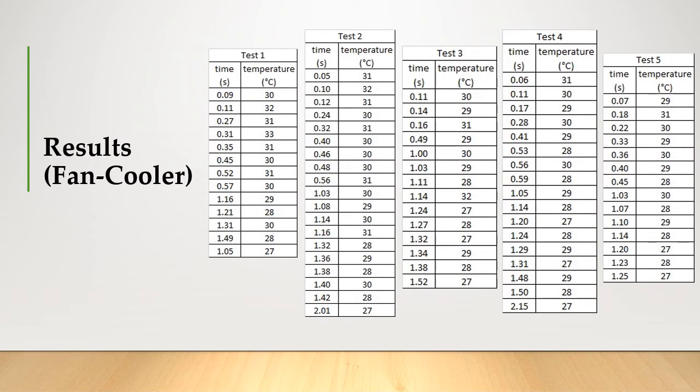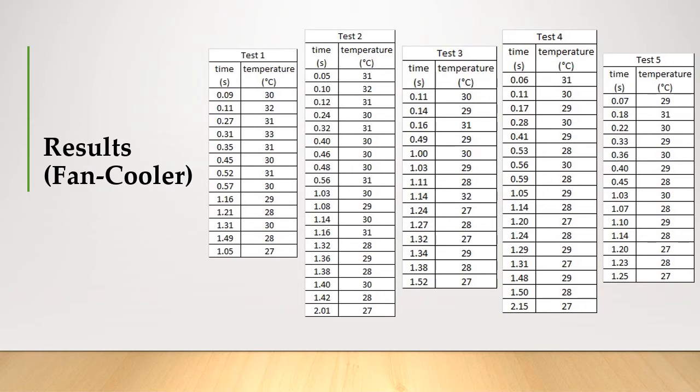And these are the results for the first to fifth repetition of the scenario. As we can see here, all the data stopped at 27 degrees C, which is below the initial temperature.